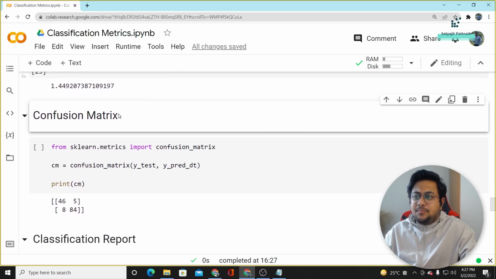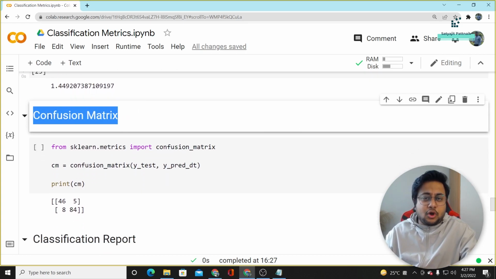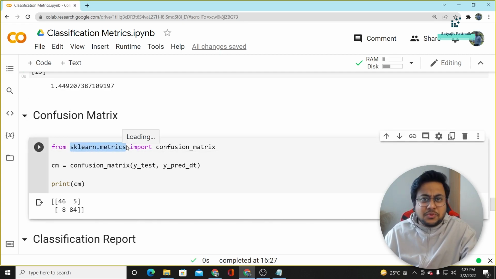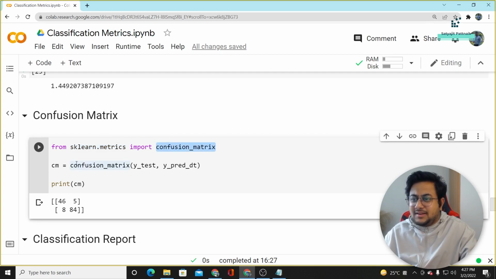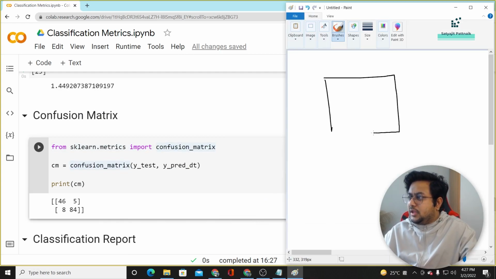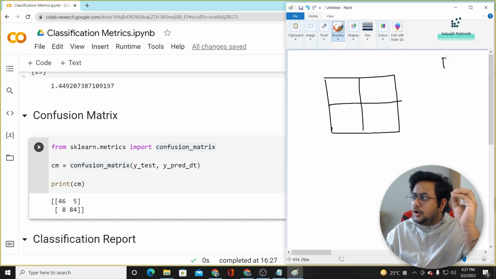The second type of metric I'm going to talk about is the confusion matrix. What is the confusion matrix? Because it confuses people. Well, jokes apart, a confusion matrix is a simple matrix very similar to this. Let's say I'm drawing a box. I am talking about fraud versus not fraud.